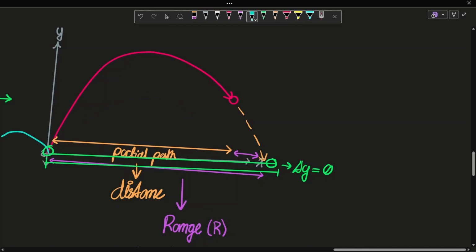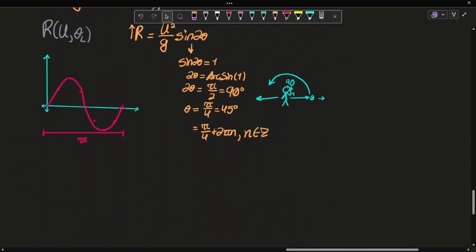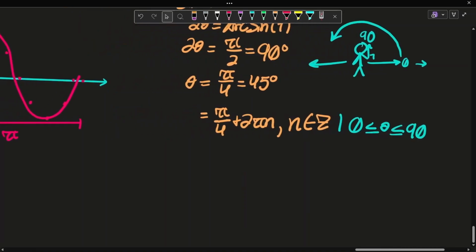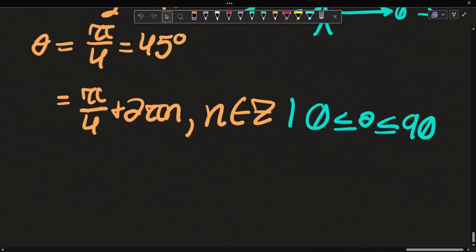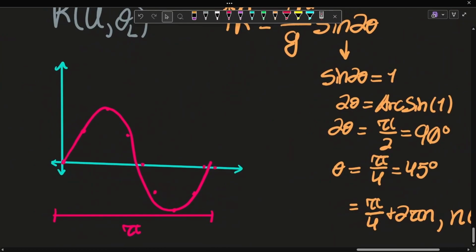So we know that theta is between 0 and 90. So what that means for us, finally, because we have a stretched sine function, is you have another 45 degree. So one here and one here.